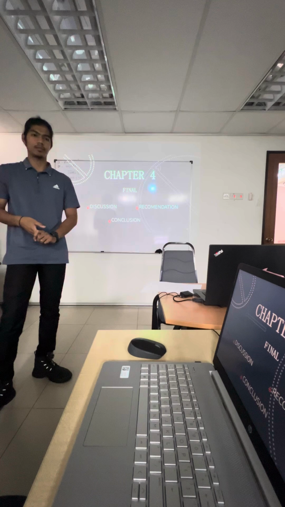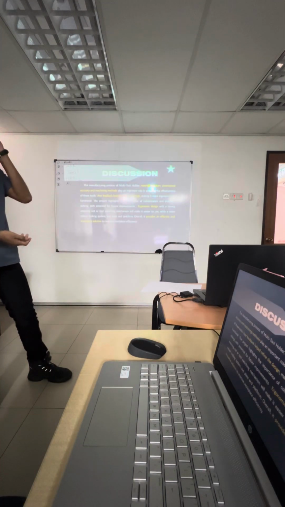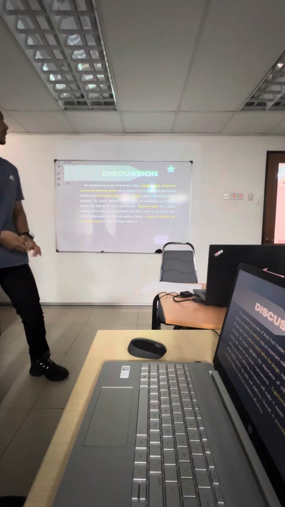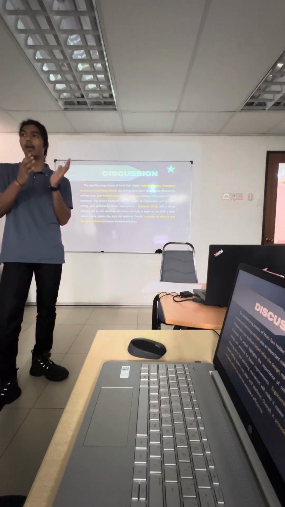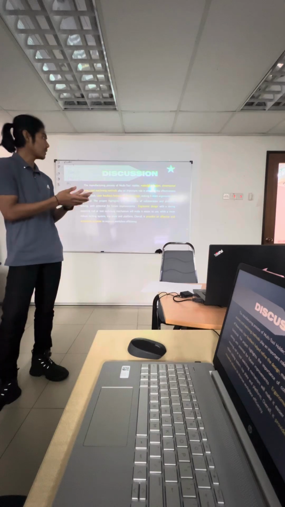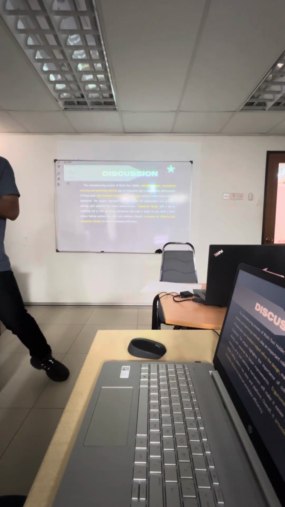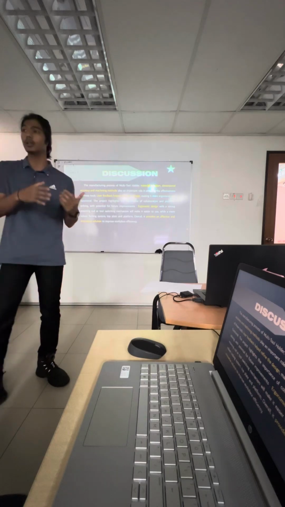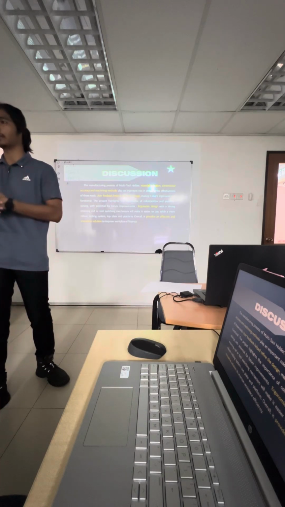So this is chapter 4, which is the final. For discussion, the manufacturing process of the multi-tool holder starts from material selection, and then dimensional accuracy and machining method are important to ensure the effectiveness of this tool. User feedback helped us refine the design to make it more ergonomic.